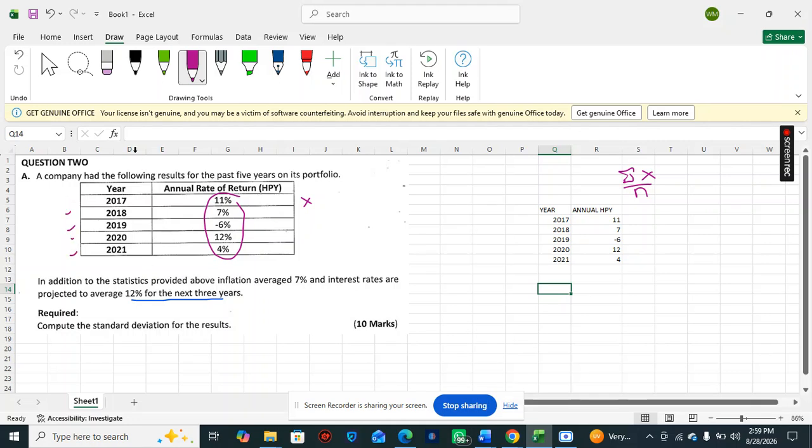1, 2, 3, 4, 5 years. So we're going to add our returns. 11% plus 7% plus -6% plus 12% plus 4%. That gives us 28. And our mean return or average return, we're going to say 28 divided by 5.